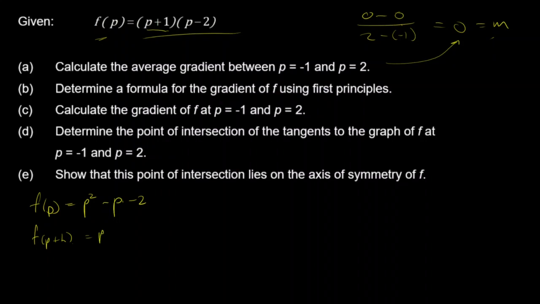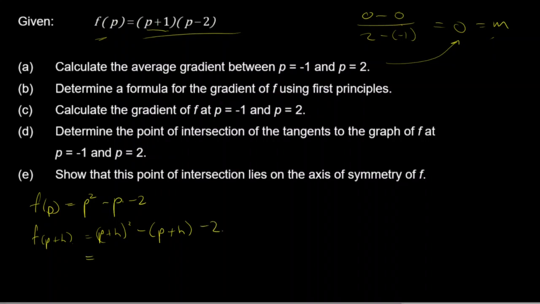So that's p plus h all squared minus p plus h minus 2. Let's see what that simplifies to. p squared plus 2ph plus h squared minus p minus h minus 2. And then like terms to collect, none whatsoever, not a single one.